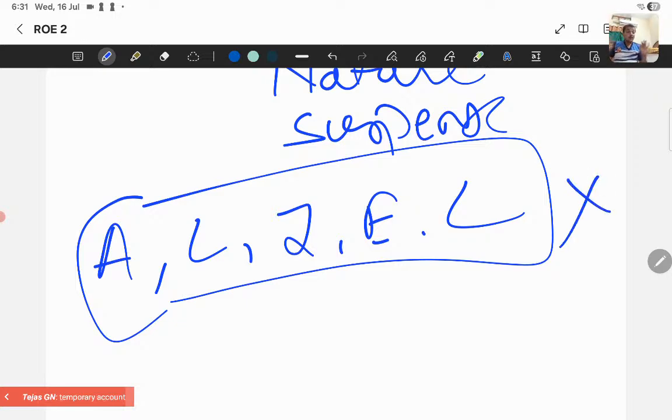If somebody asks, what is the nature of suspense account? No, it will not fall into the trap of this nature. It can take the form of whichever error is there. If an expenses error is there, it takes the form of expenses. If an asset error is there, it takes the form of asset. So no nature is applicable.